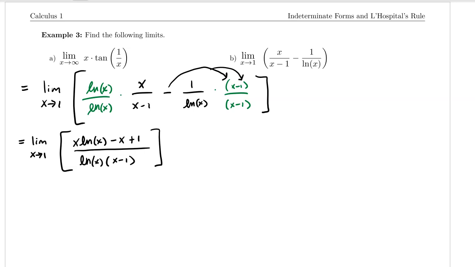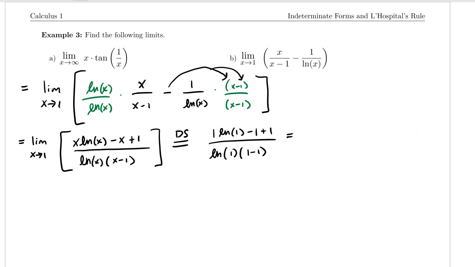And now let's go ahead and use direct substitution to see what happens. If I plug in 1 for all of my x's, the natural log of 1 is 0.